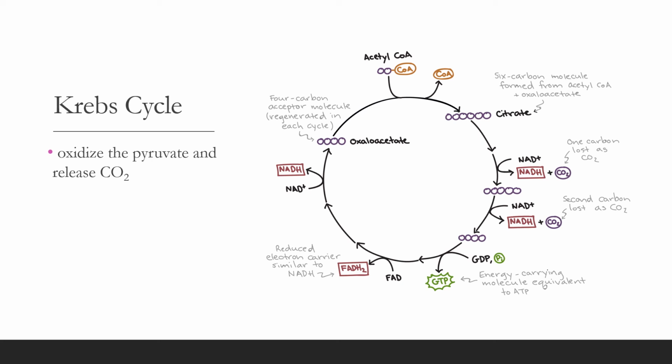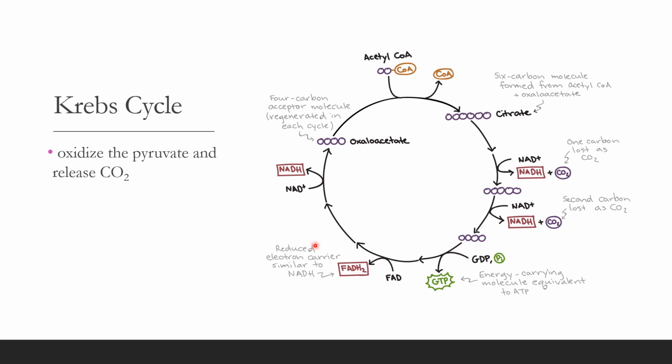Enzymes rearrange atoms and bonds in ways that transfer the pyruvate's potential energy and electrons to ATP, to NADH, and another electron carrier molecule, FADH2.